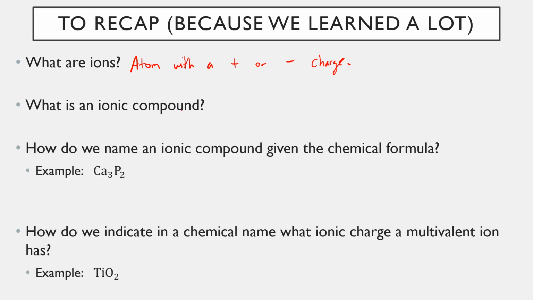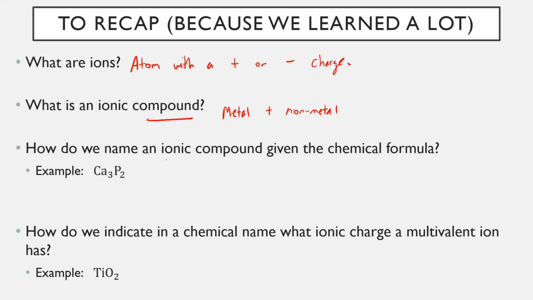What is an ionic compound? Think about that one. An ionic compound is a metal combined with a nonmetal. If you want to get fancy with that definition, you could say an ionic compound is where a metal gives away an electron to a nonmetal and forms an ionic bond. That's pretty heavy though. Let's just say it's metal and nonmetal, right?